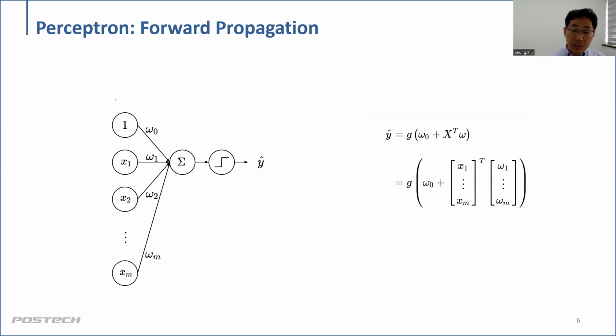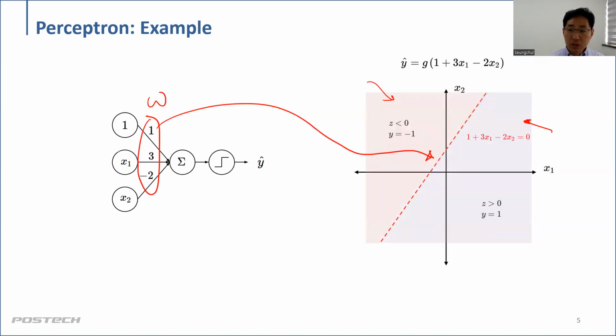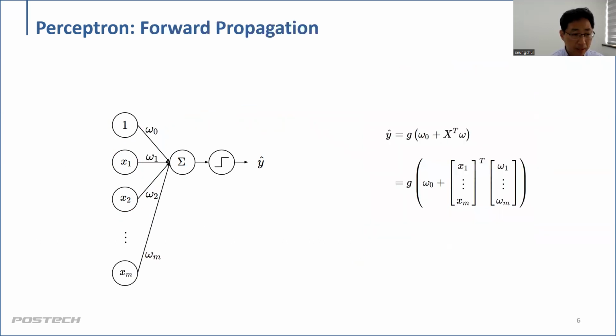Say we have this kind of network of perceptrons. What's the input dimension of the data set in this case? You can say 3D or 2D, but this is kind of trivial, so I would say the input is located in 2D space, two-dimensional space.